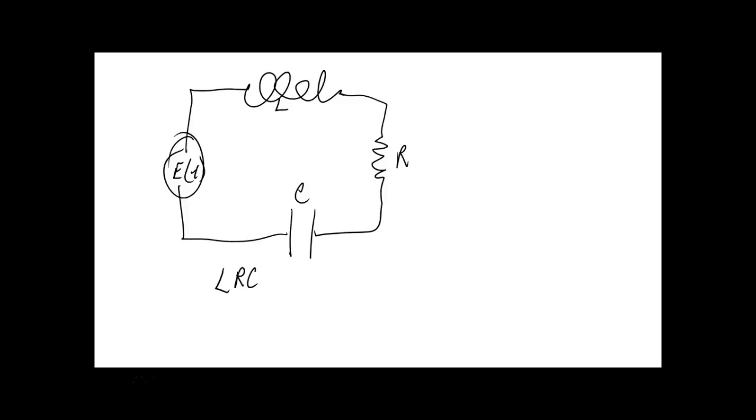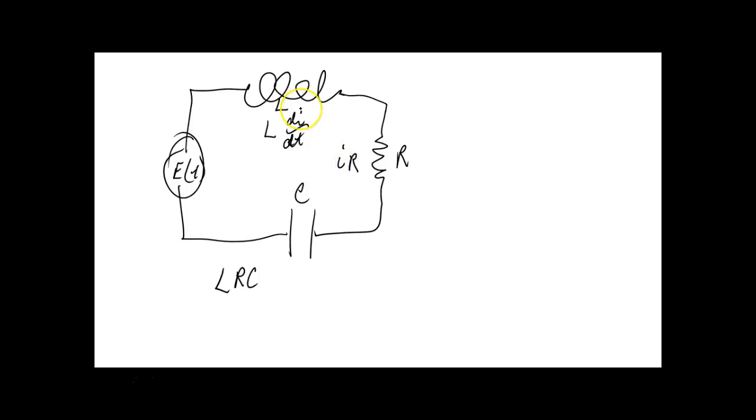The voltage drop across an inductor is L di dt, where I is current and t is time. There you have a differential equation. If you got it in there, it's there. Your R is just a resistor, okay? So the voltage drop across it would be IR.